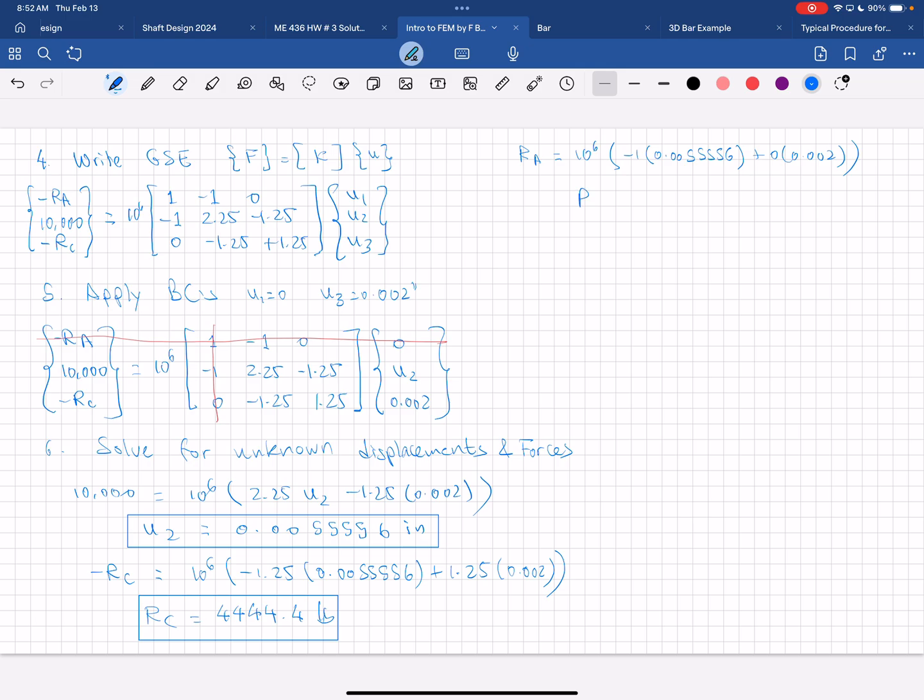From this, we find that RA is equal to 5,555.56 pounds.